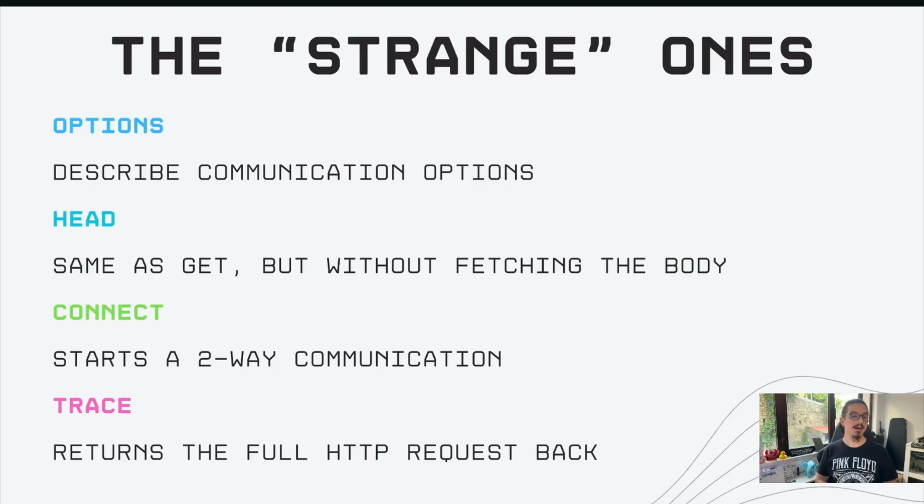As you can see, we have the OPTIONS one, and the OPTIONS method is used to describe the communication options available for a specific resource.